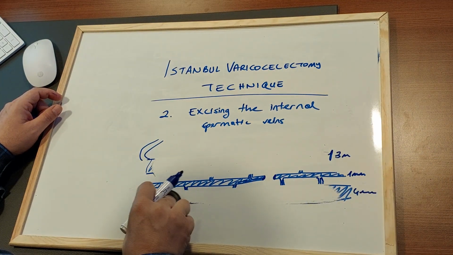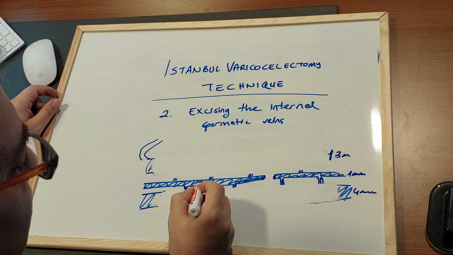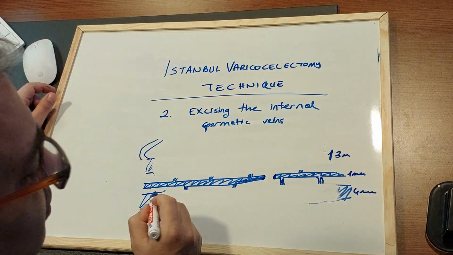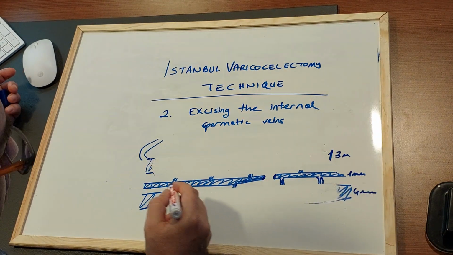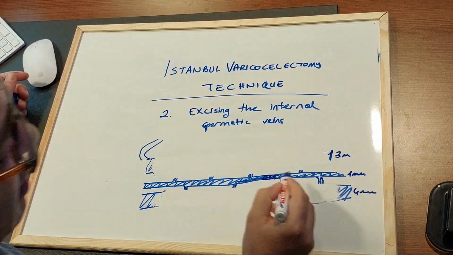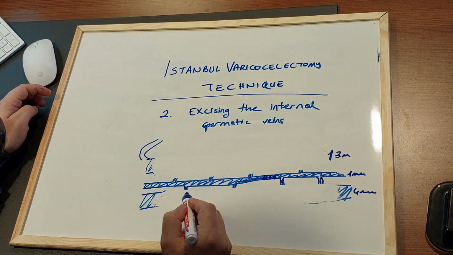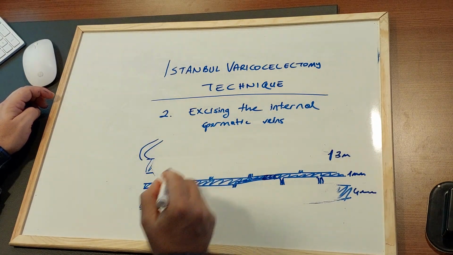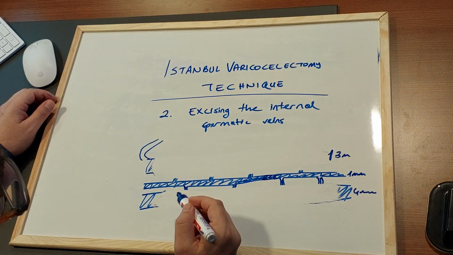For the small veins, sometimes we still don't touch them, because if the diameter of the vein is normal, as on the right side, which is usually normal, it can drain blood from the testicle without any problems. So we cut and take out long segments also in the internal spermatic veins. This is the second step of our technique.